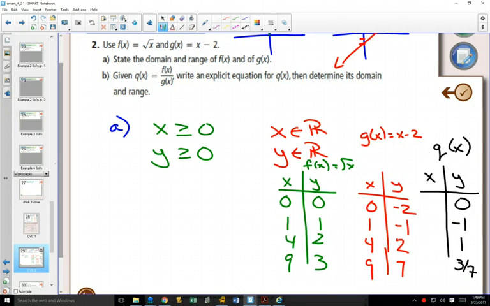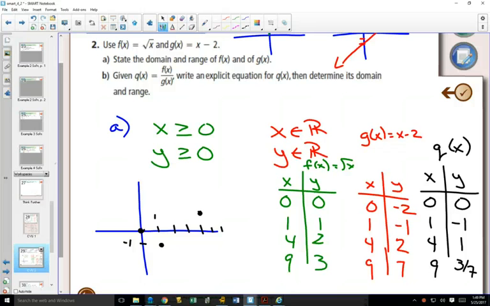So it gives me a sense of the points that I'm going to have on my black graph. I'm going to have, again, I should put my x values in here. I'm going to have 0, 0. I'm going to have 1, negative 1. I'm going to have 4, 1. And 9, 3/7.